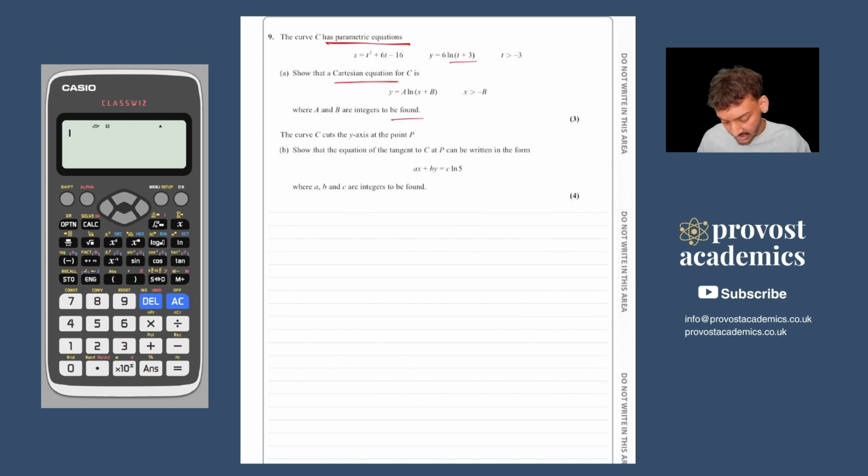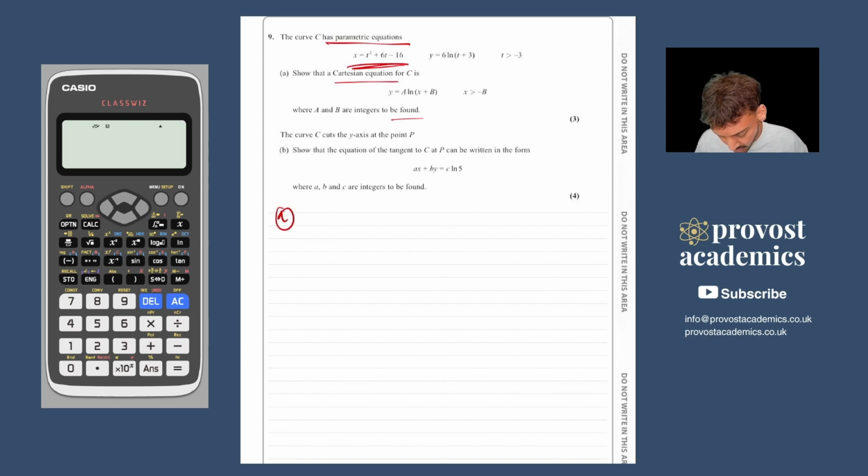So I'm thinking instead, I just look at x. I can see that t squared plus 6t actually interests me quite a bit, because if I complete the square on t squared plus 6t, in the brackets I should see t plus 3, and t plus 3 is indeed what I've got in y. So if I find an expression of t plus 3 with x, I can sub it into y, and therefore find my Cartesian equation.